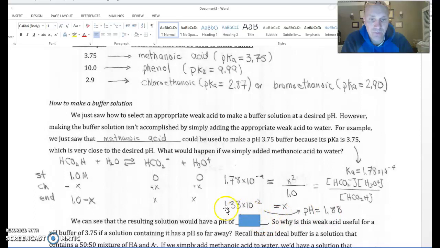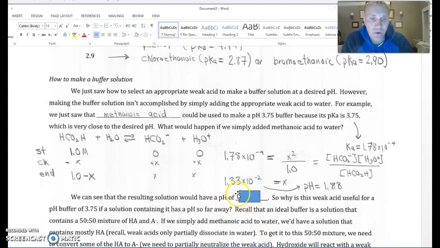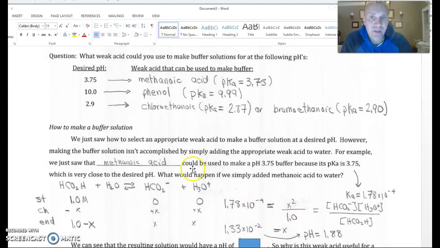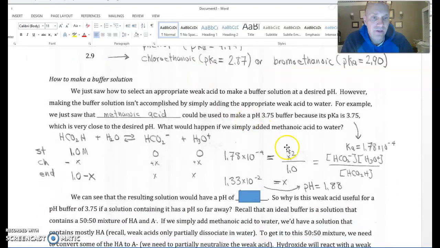So that raises an obvious question. Why are we saying that you could make a buffered solution, a solution that has a very stable pH of 3.75 using methanoic acid, if a solution of methanoic acid would have a pH that's very different from that desired pH that we want to get?